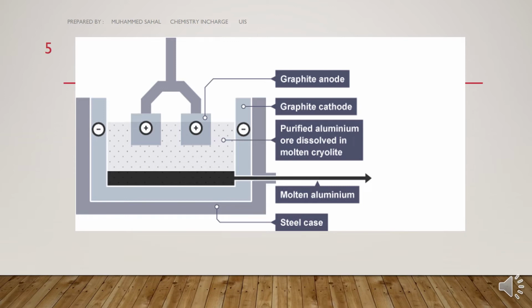When it is melted, the ions become mobile. That means the strong electrostatic force of attraction between them is broken. During the electrolysis, the negatively charged oxide ions are attracted to the anode, that means the positive electrode, and the aluminum ions are attracted to the cathode.